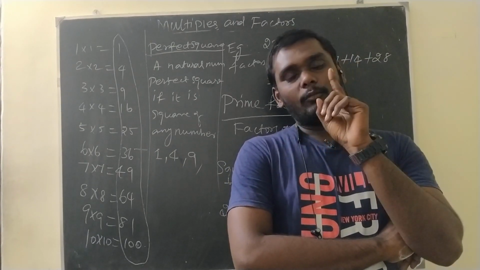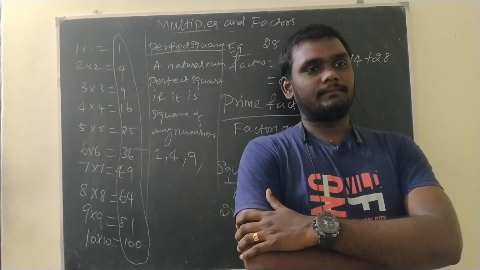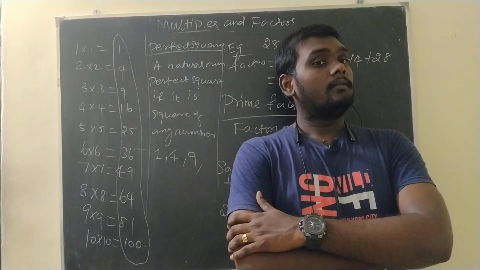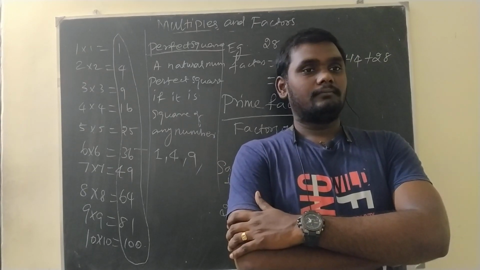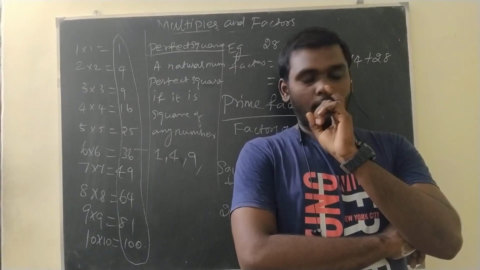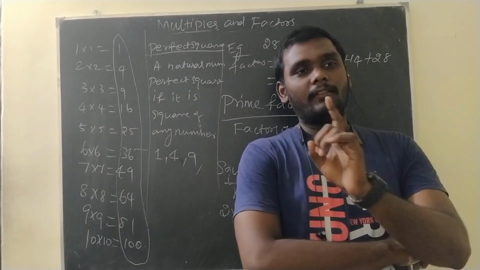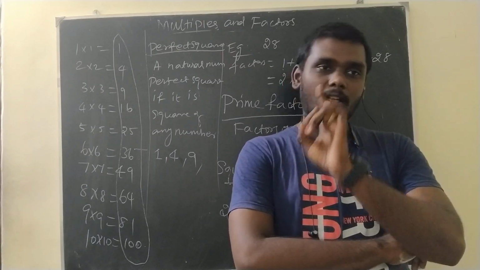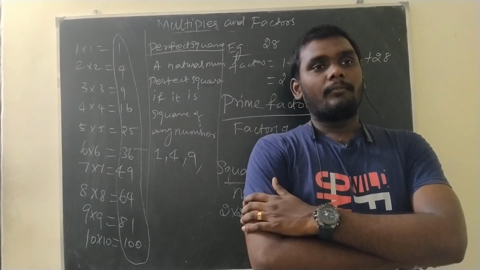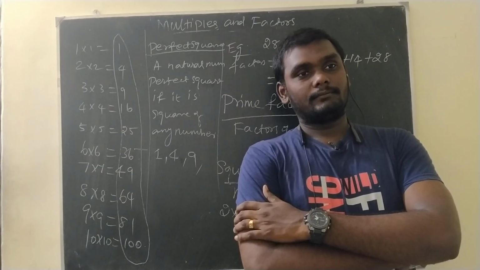A number which has 1 and itself as its only factors is called what? See, the number which has 1 and itself as its only factors is called a prime number.